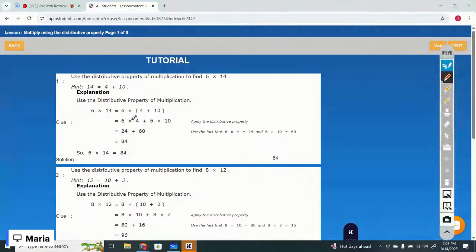So we have to do 6 times 4, and here you have the addition, then 6 times 10. So 6 times 4 plus 6 times 10. 6 times 4 is 24, and 6 times 10 is 60. So 60 plus 24 is 84. So 6 times 14 equals 84.